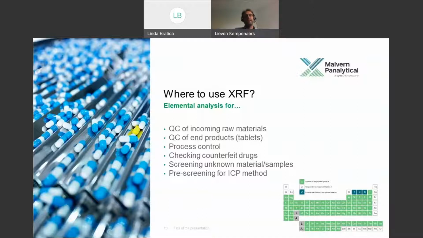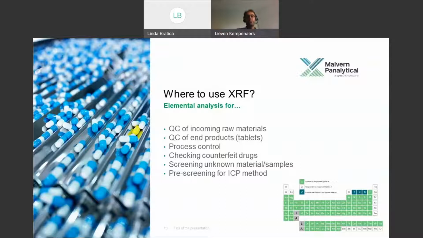So specifically in the pharmaceutical industry, where could you use XRF, or where does it make sense to use XRF? For sure, for elemental analysis, for quality control, for incoming goods, raw materials, and also quality control of the end product, the tablet, the drugs, the medicines.